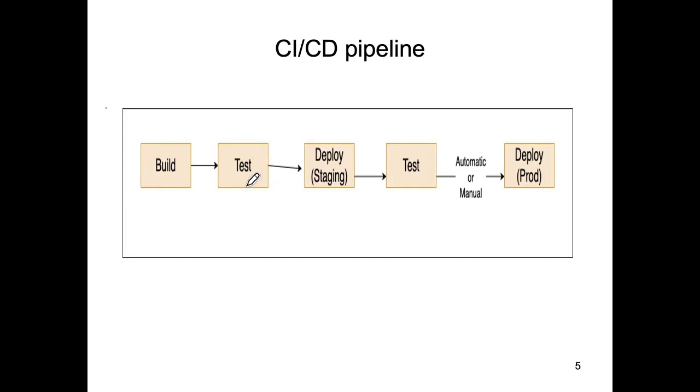We'll run some sort of automated tests, whether they be unit tests or integration tests. I'm not being specific here, but there is some significant amount of automated testing in the next stage. And if all of your tests pass, the next stage in my pipeline is to deploy the web API to what we're calling the staging environment, which is probably some cloud platform that we deploy it to.